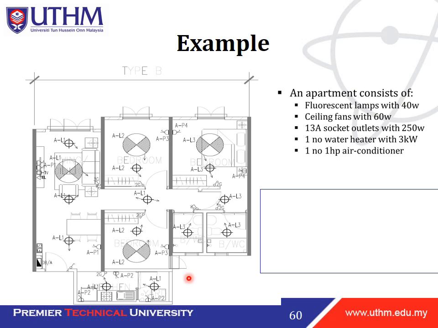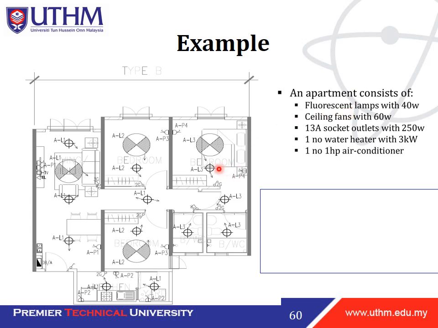So from this layout, we know that we have 3 bedrooms, and then we have 1 living room. This is the bathroom and toilet, and then this is the kitchen. So from this layout, we need to count how many fluorescent lamps we have.